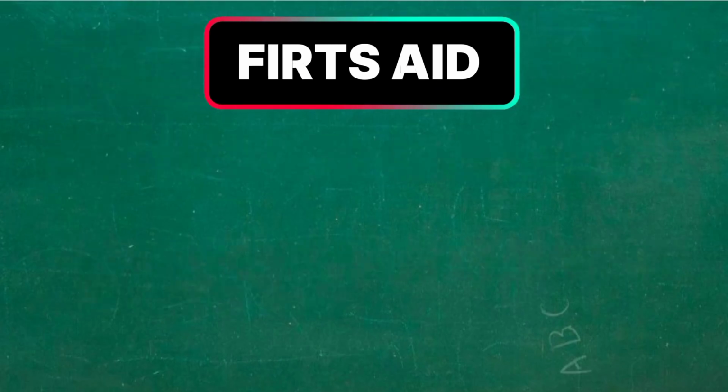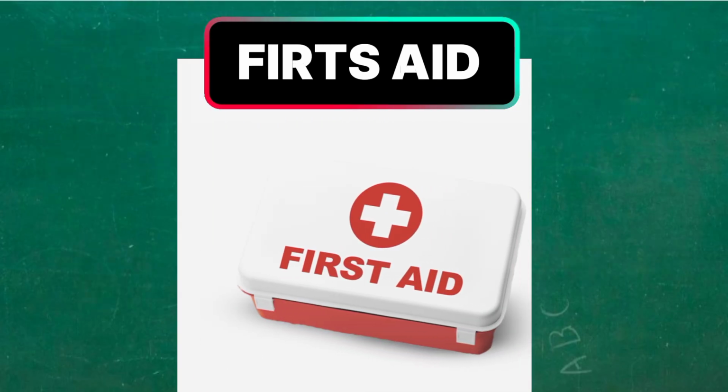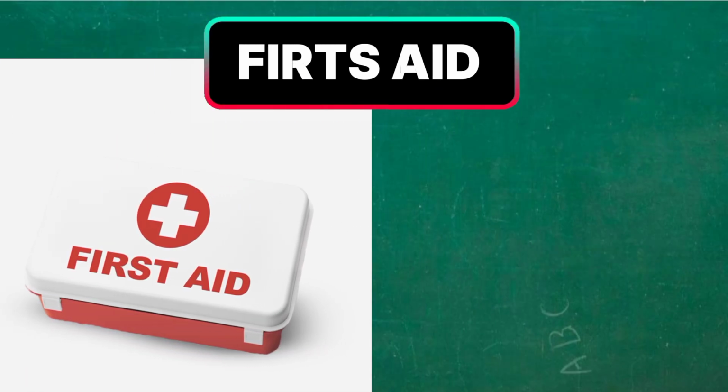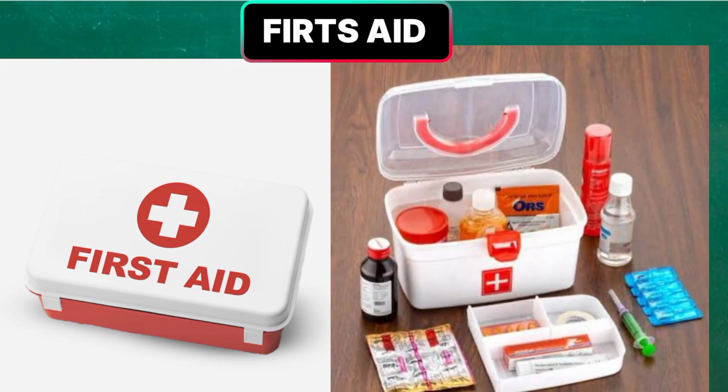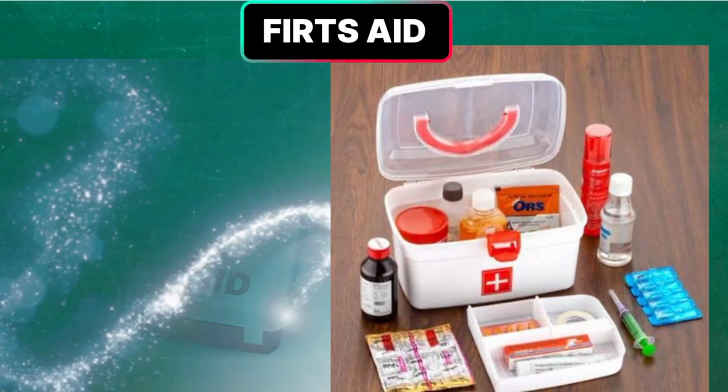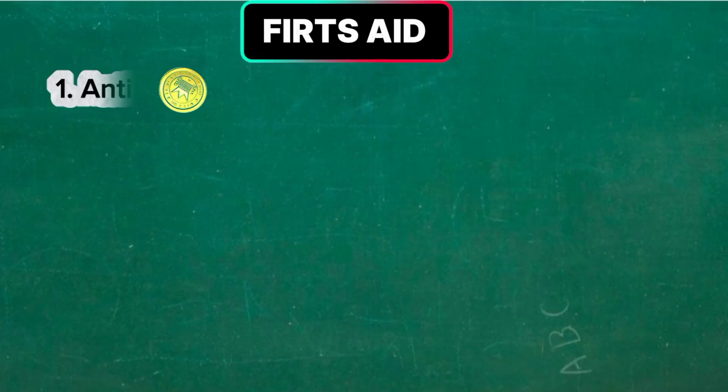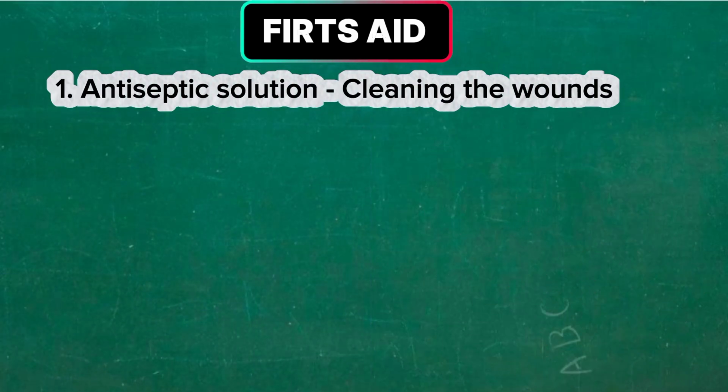First aid kit. We are going to see the items that are found in the first aid kit. We have antiseptic solution. These are substances used to clean the wound because they kill germs.